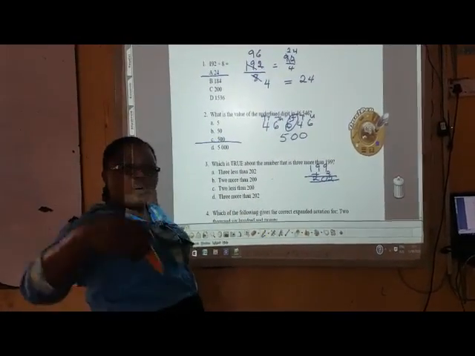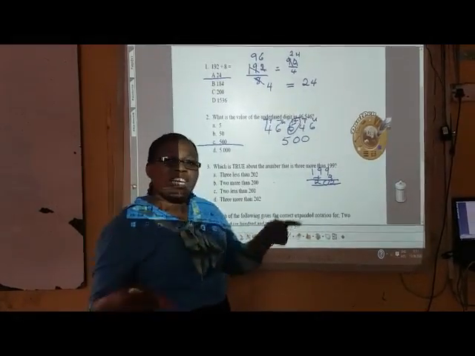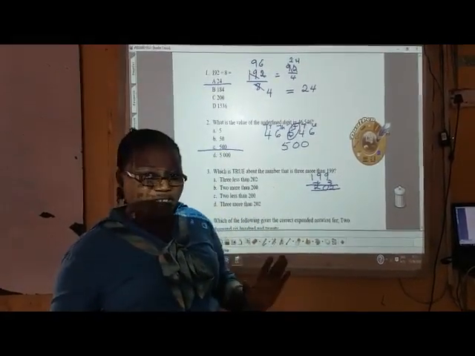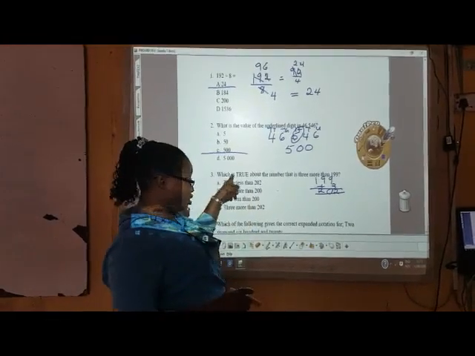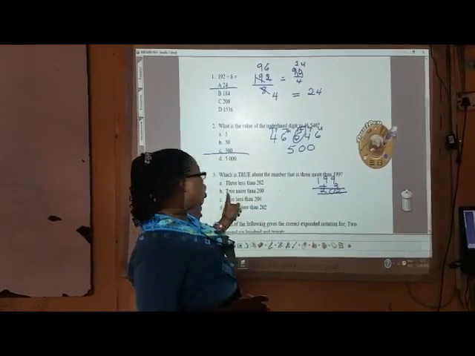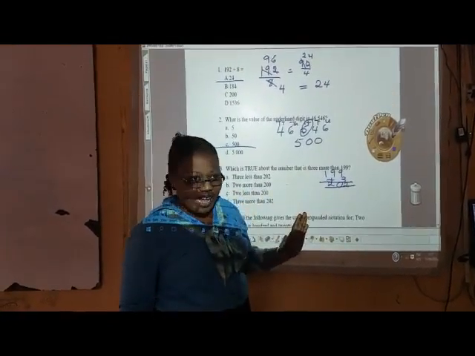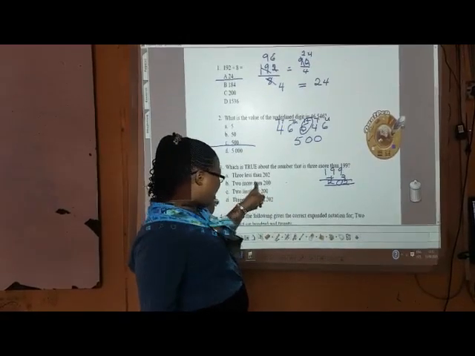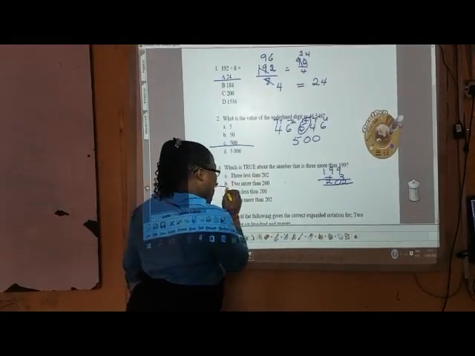When you say 2 more than 200, it means you have to add 2 to 200. When we add 2 to 200, we get 202 exactly. So this statement is true. Our answer here is B.